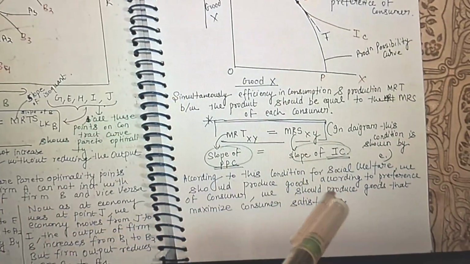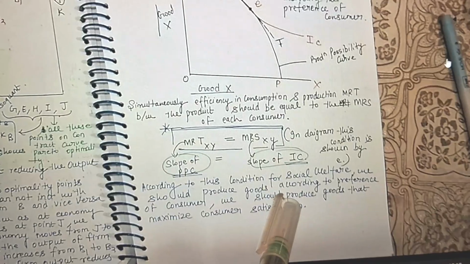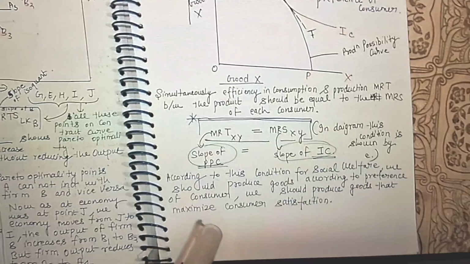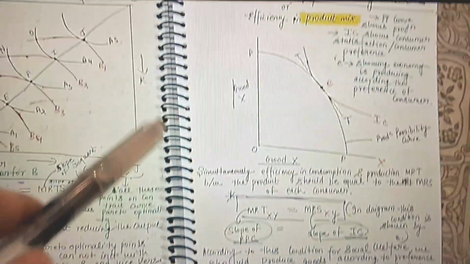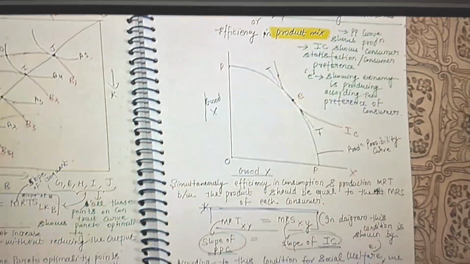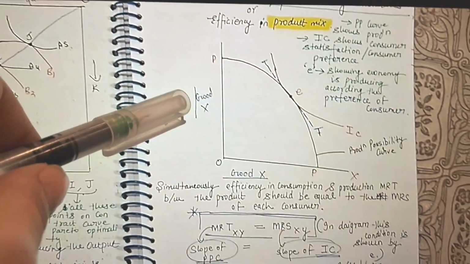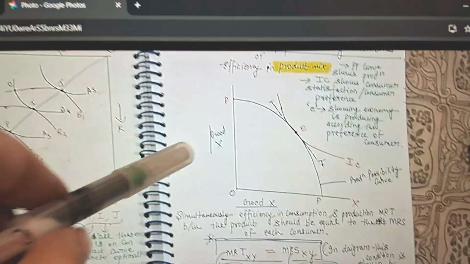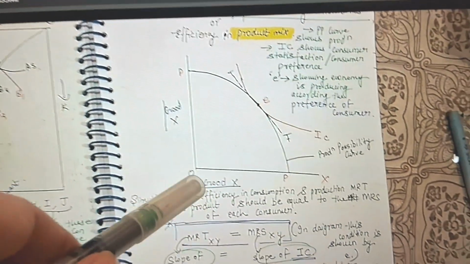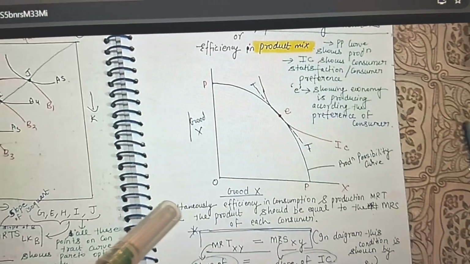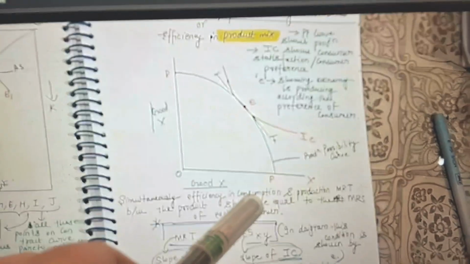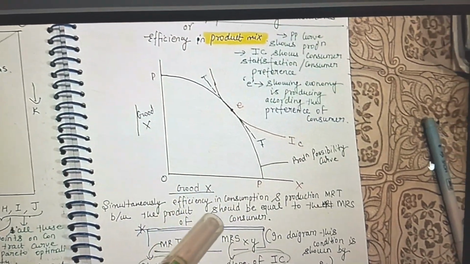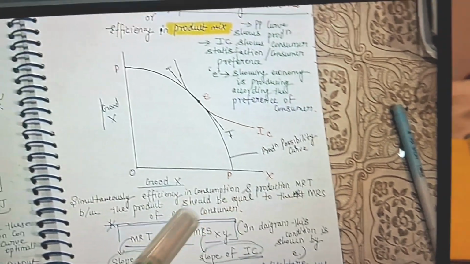So according to this condition, for social welfare, we should produce goods according to consumer preference that maximize consumer satisfaction. Here we have the Y good and the X good. Please don't mind, I wrote it the wrong way, but this is the Y good and this is the X good. Simultaneously, for efficiency in consumption and production, the MRT between the products should be equal to the MRS of each consumer.